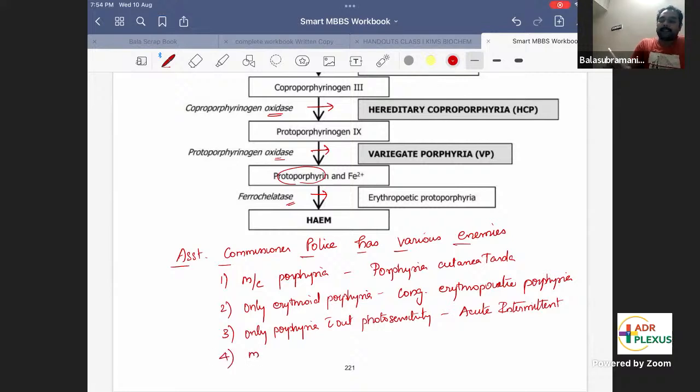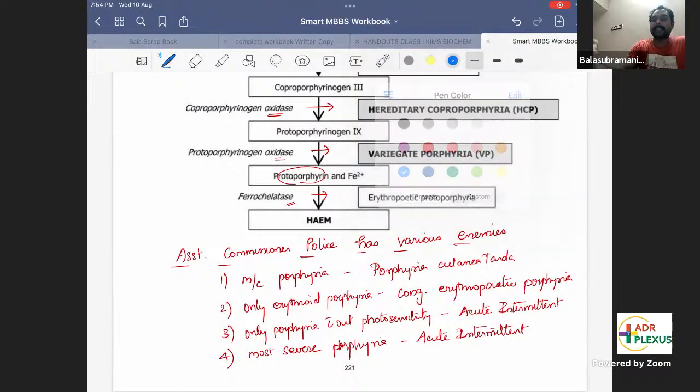The last MCQ, most severe porphyria. That is also again acute intermittent. So if again and again people are telling acute intermittent, then you must know what are the symptoms of acute intermittent porphyria.